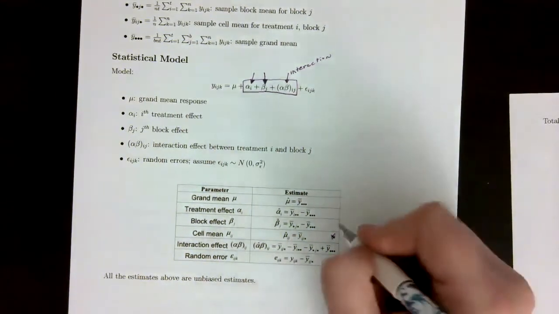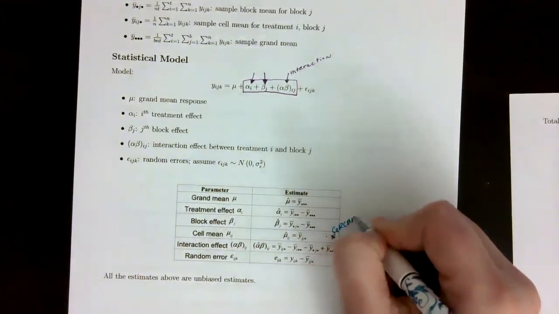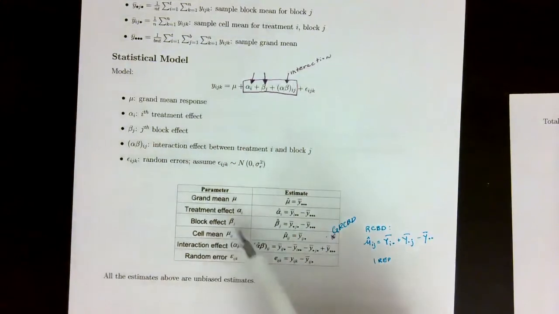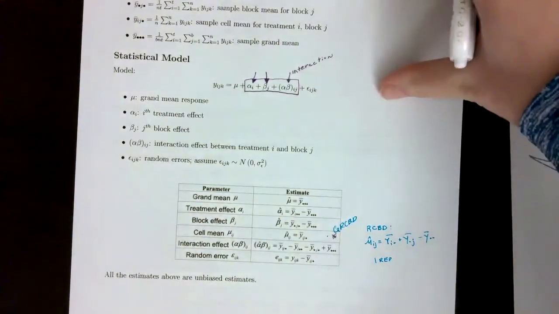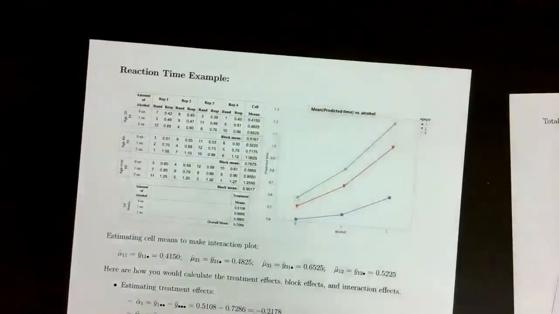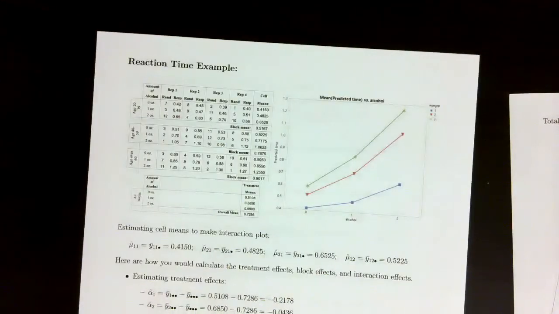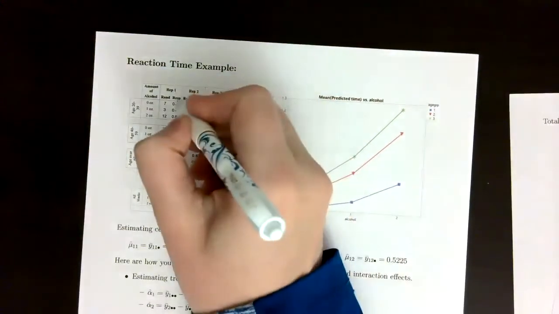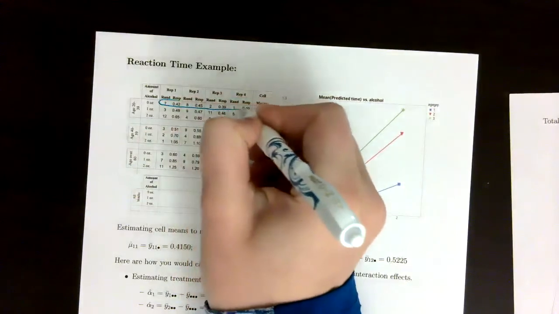But now in the GRCBD, we have replicates, and so we can do an average over the cell mean. What I mean by that is, if we go back and look at our data, here would represent the treatment.